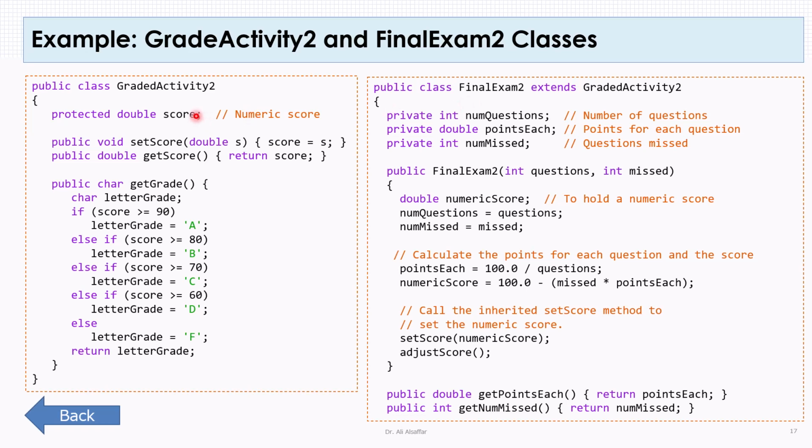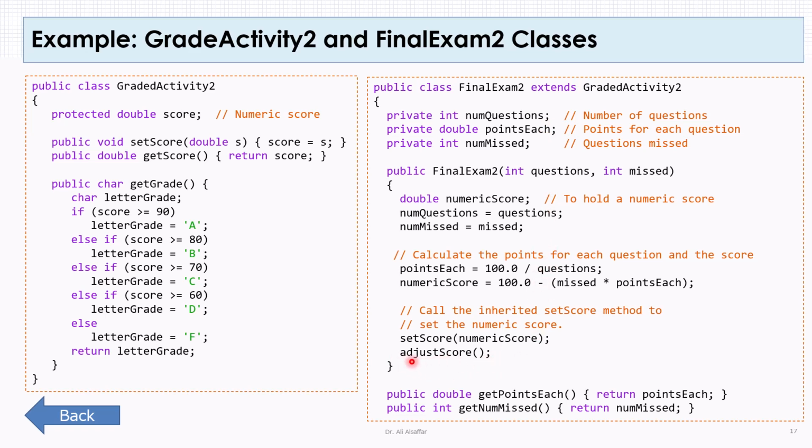The first change that we have made is that in the GradedActivity, we changed the score data member from private to protected. The second change that we have made is that at the end of the constructor for the FinalExam, as you can see here, we are calling an extra method that we have defined inside FinalExam that is called adjustScore.